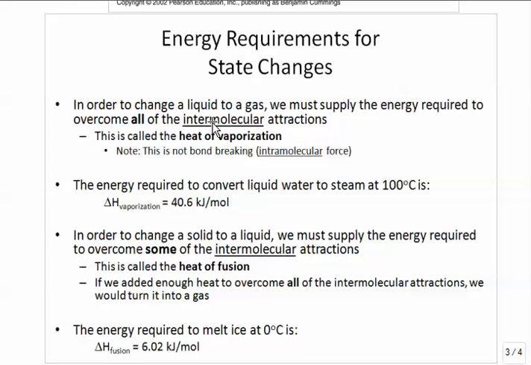Now the energy requirement for this conversion we call the heat of vaporization, or the enthalpy of vaporization, delta H vaporization, and this is a constant for a particular substance. In the case of water, it takes 40.6 kilojoules to vaporize 1 mole of water, so delta H of vaporization is equal to 40.6 kilojoules per mole.